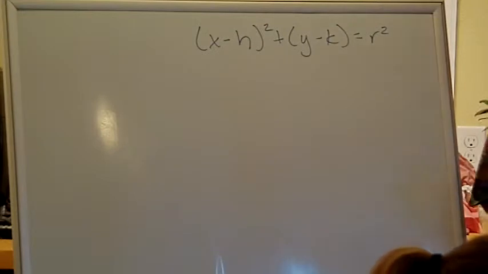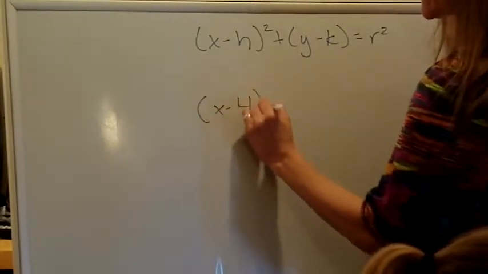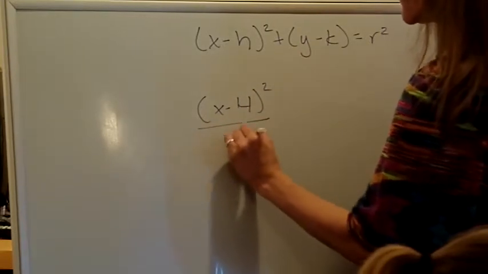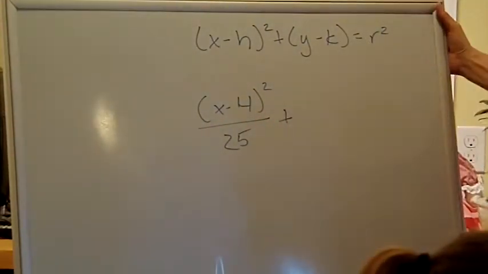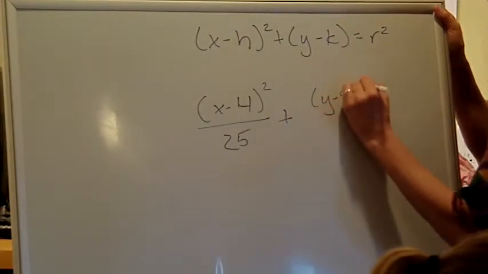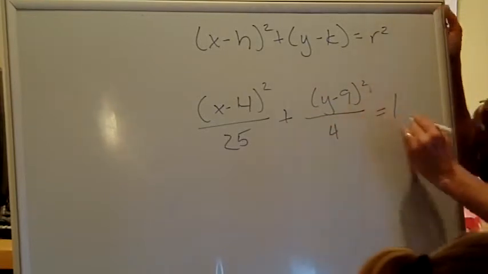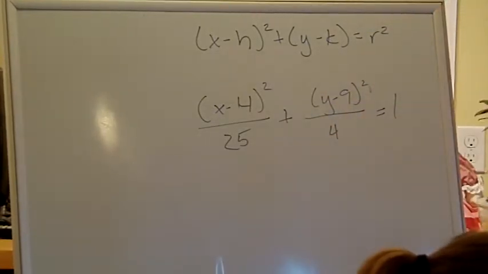Notice that you've got x minus 4 squared over 25 plus y minus 9 quantity squared over 4 equals 1. Anytime you have something that looks like this, it's called an ellipse.